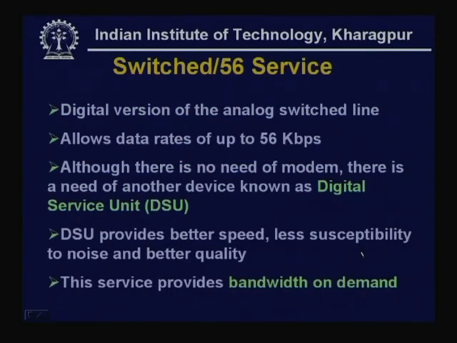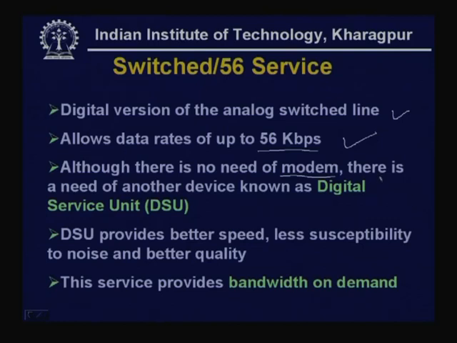The switched 56 service is nothing but a digital version of the analog switched line. I have already explained that analog switched line. So, it is essentially the digital version, and it allows you a data rate of up to 56 kilobits per second. Of course, since it is digital in nature, there is no need to have a modem in this particular switched 56 service.